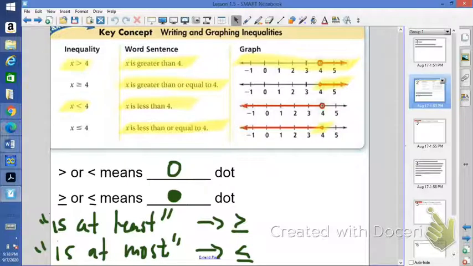Now I also want you to add the last part that I added here, because this can be confusing when you're solving these. Whenever you see the words is at least, that would indicate greater than or equal to. And whenever you see is at most, that would indicate the inequality sign less than or equal to. So keep that in mind moving forward.